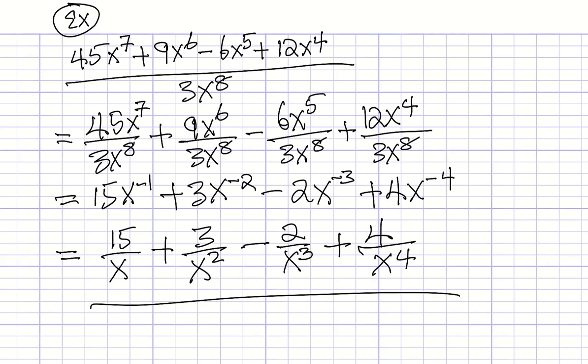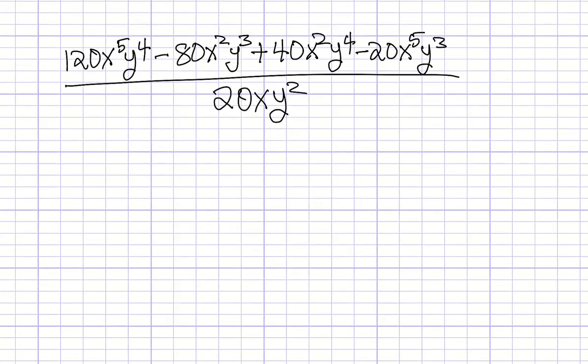You can write it like that or leave it like that. It's the same result, depending on what your professor wants you to do. Notice that the result is not a polynomial like I discussed earlier. A polynomial cannot have a negative exponent. So we'll move on to the next one. We're done with that one.